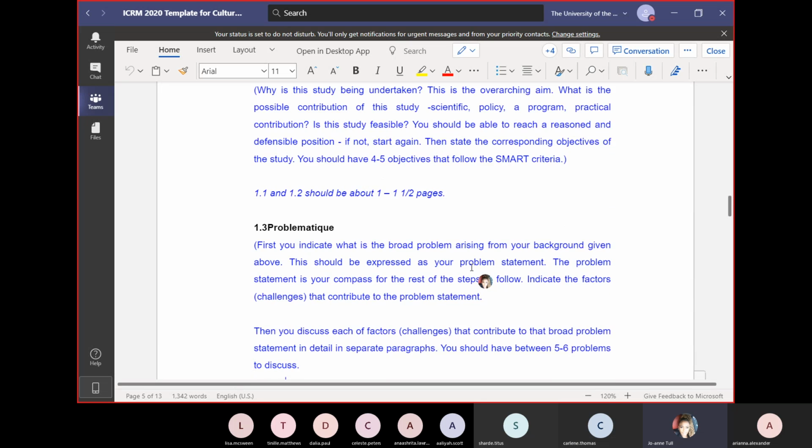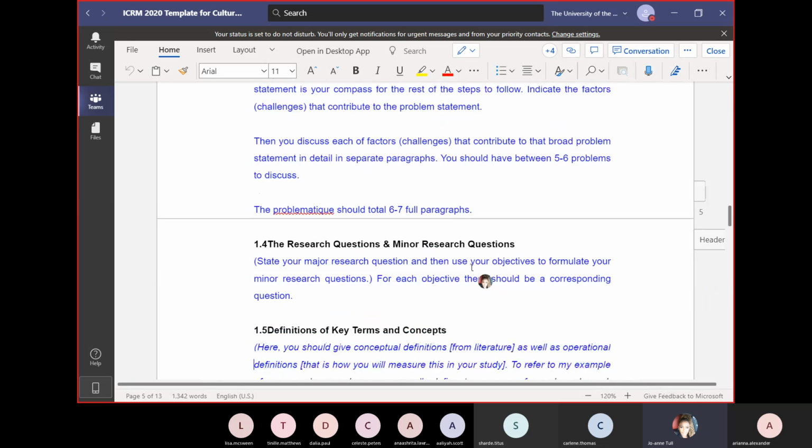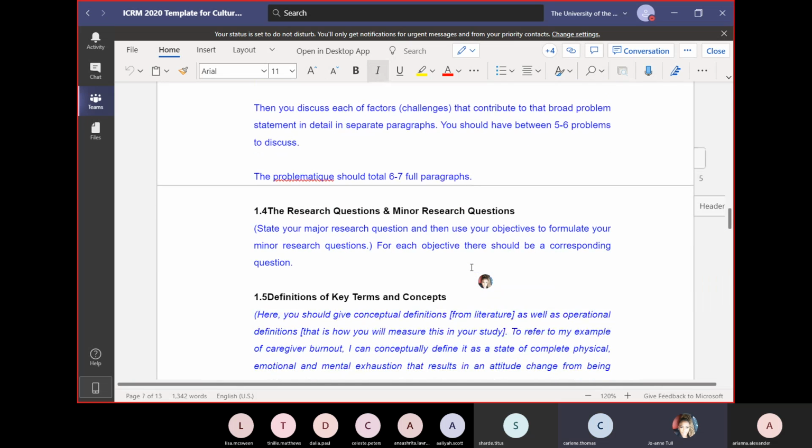Okay, so we are going down now to the research question and minor research questions. Now, where do you think we will get the research question from? Where do these two things come from?